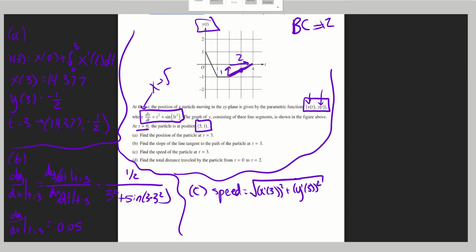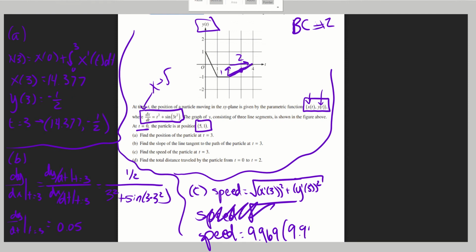That's all that they need to see, and you can plug it in your calculator. I should not have put that square root there. So the speed is equal to 9.969. They would also accept 9.968 because they don't care if you round or if you truncate.